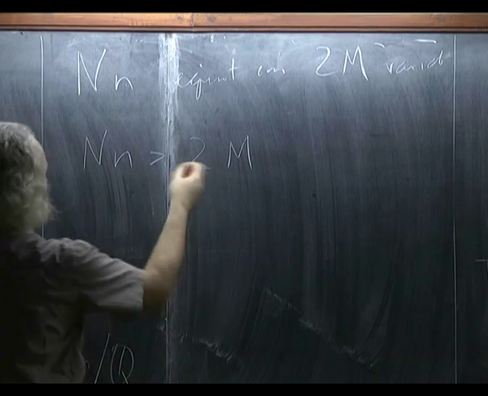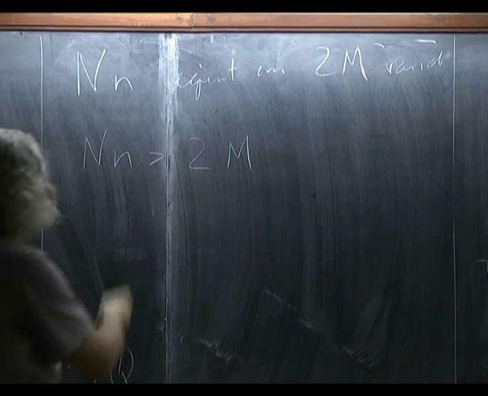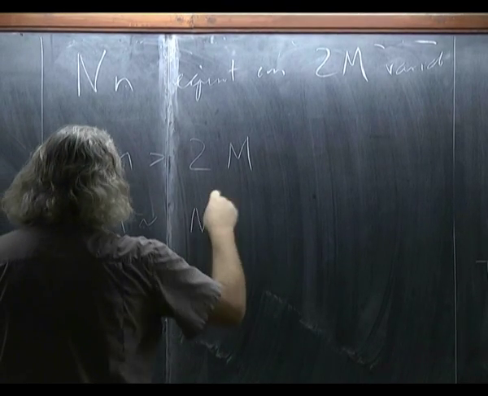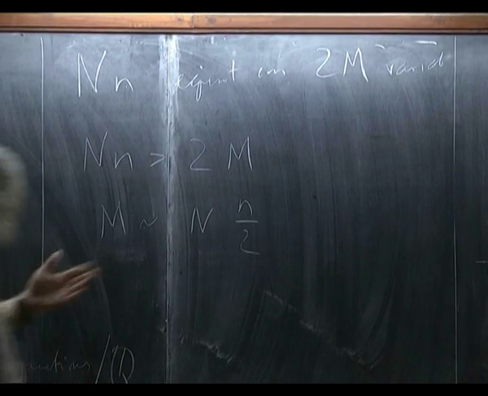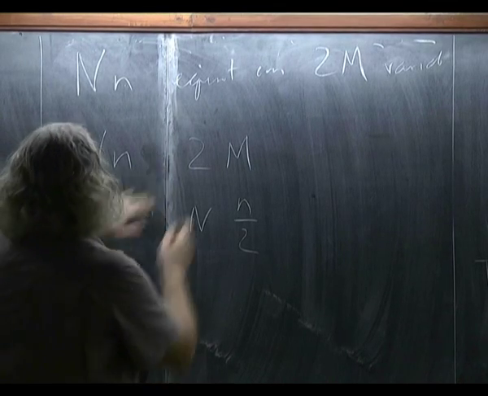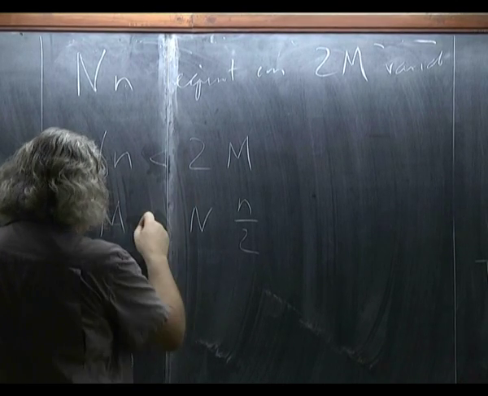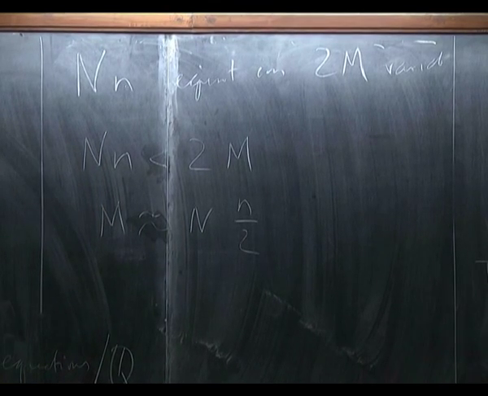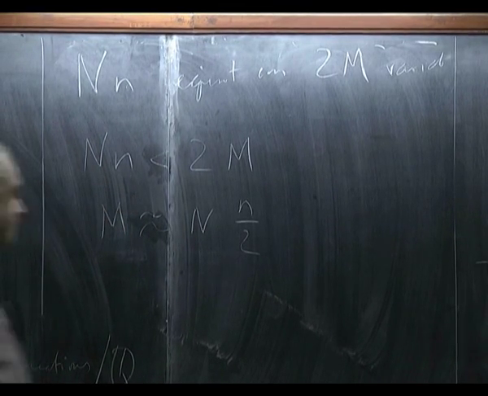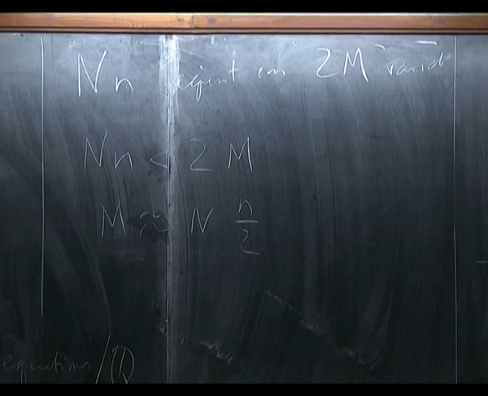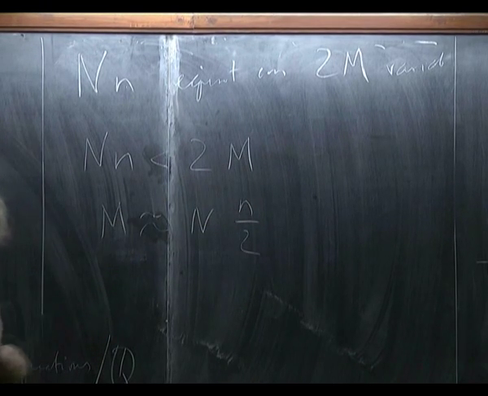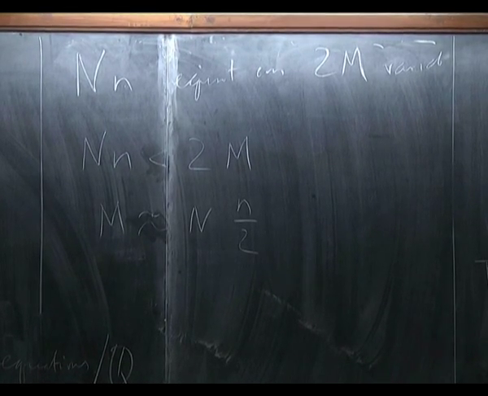So m should be something like n over 2, or rather slightly bigger than this. So this quotient will be something like 1 over n over 2.